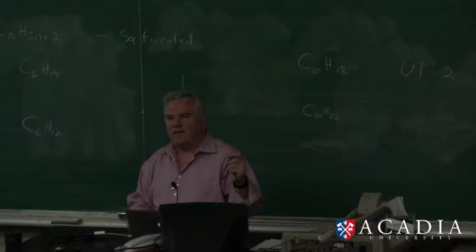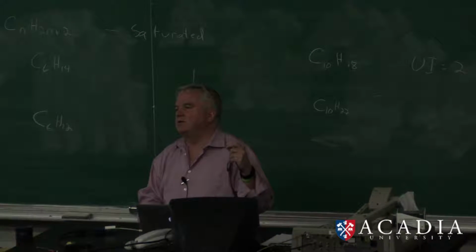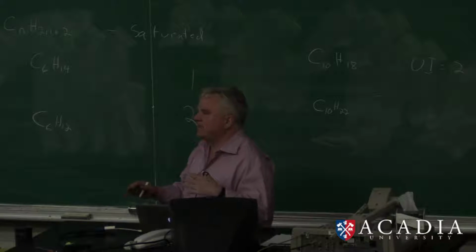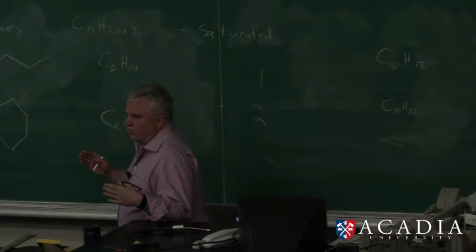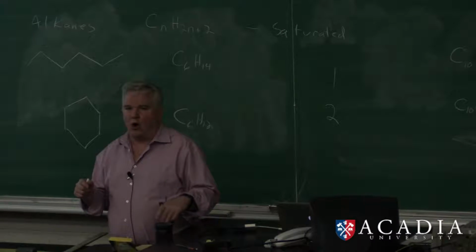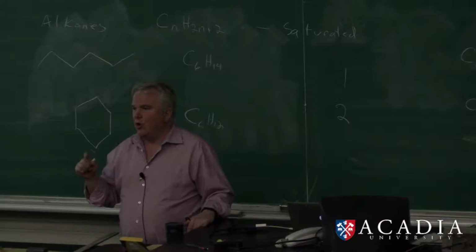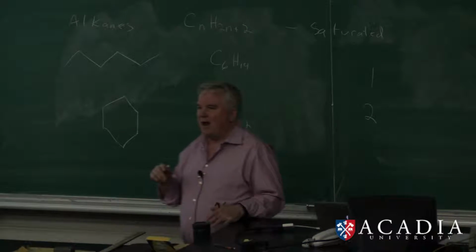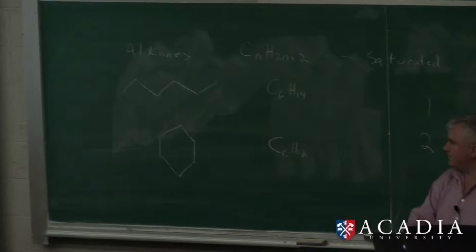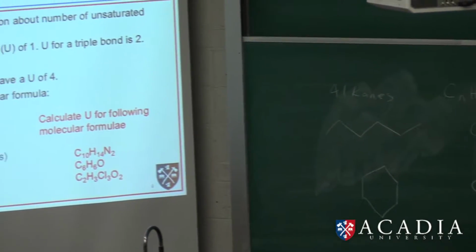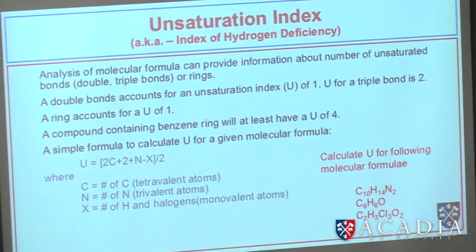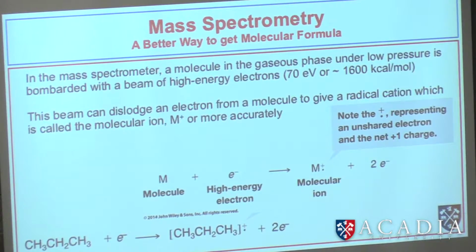That's one of the things you should start with when you're trying to determine an unknown structure. Right away, if you have a C6 compound with an unsaturation index of 1, you know it either has a double bond or it has a ring. And that really simplifies determining the structure. So you can try this for each of these using that formula. I won't bother today because I want to get your test back.